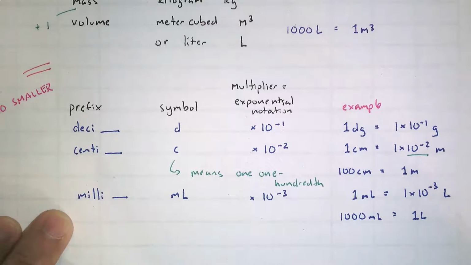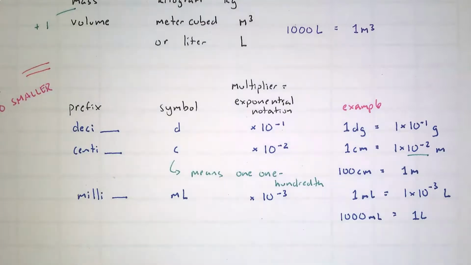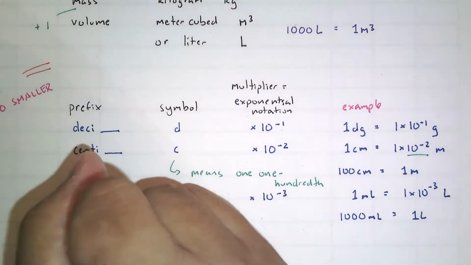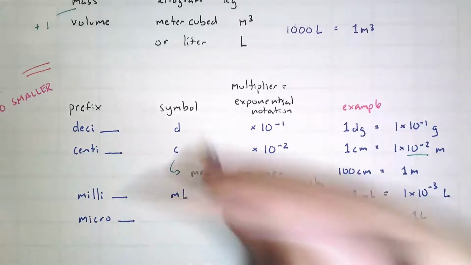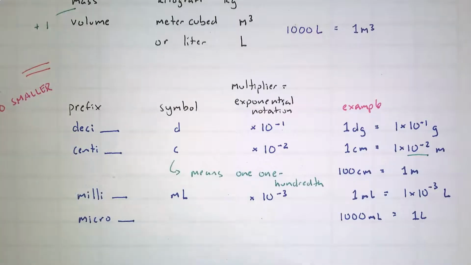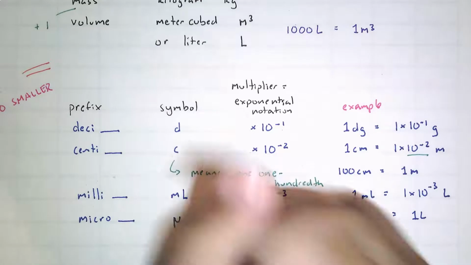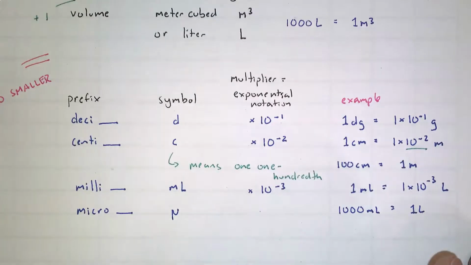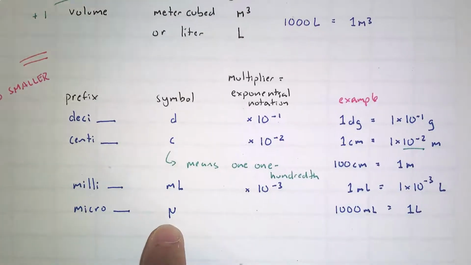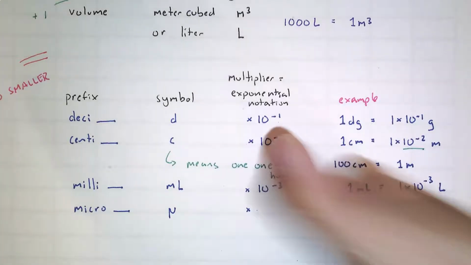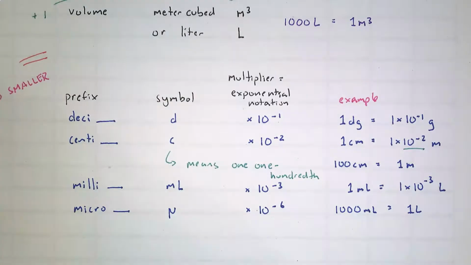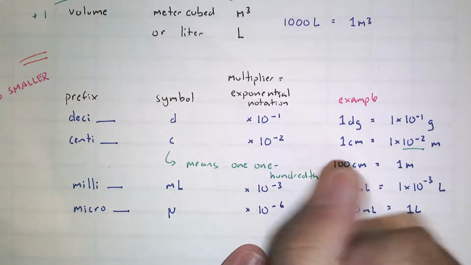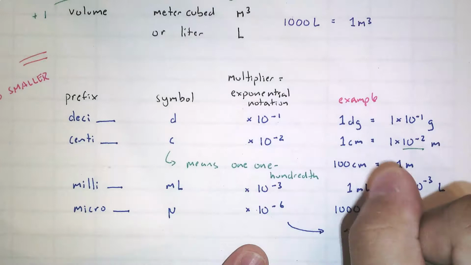We skip to micro. Another m. But we can't use little m because that's already taken up by milli. The symbol is the Greek letter mu, times 10 to the minus 6. 1 micro.